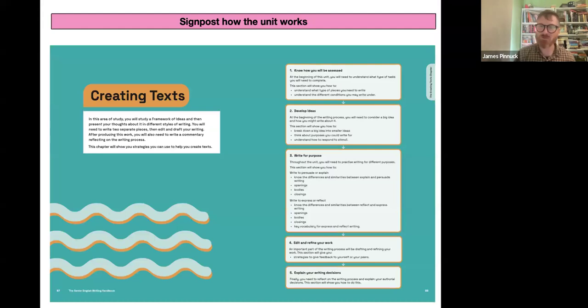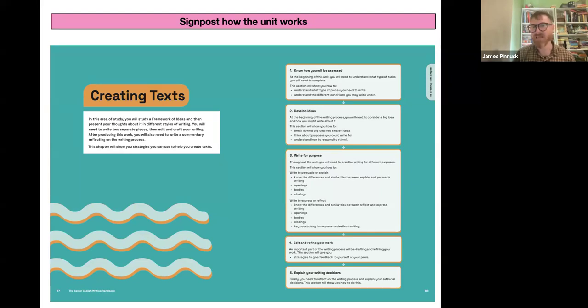And I think that is really important at the beginning of a unit to make it clear to students what they need to be able to do by the end, and how they're going through a series of steps to get to that endpoint.